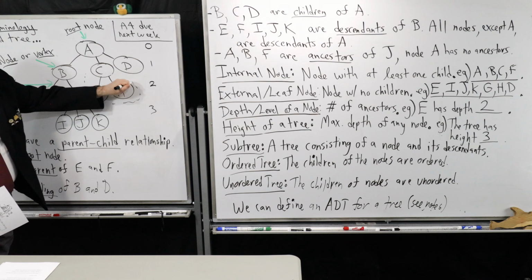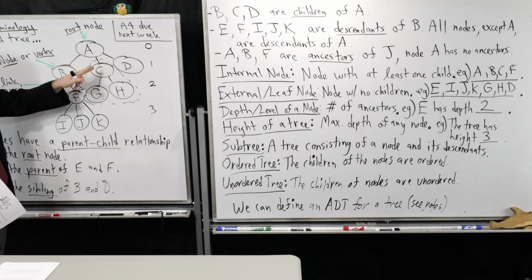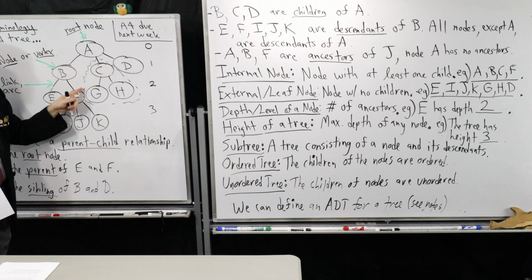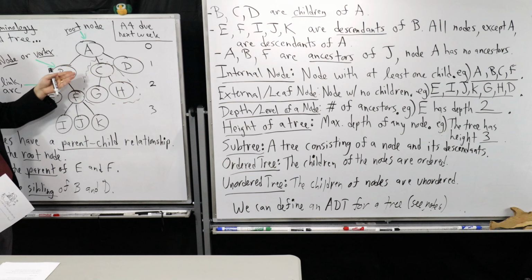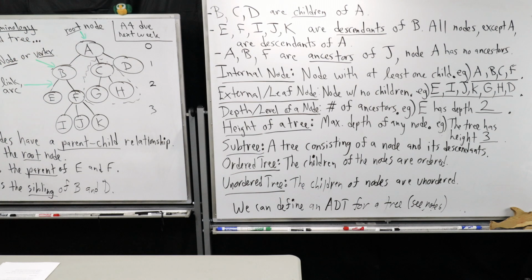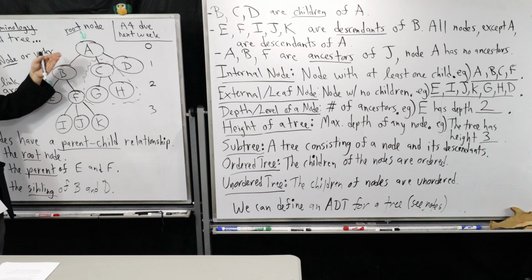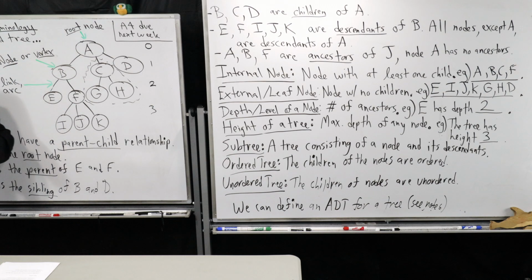So a subtree of C here would just simply be this tree, and that's referred to as a subtree because it's contained within this larger tree. Likewise, you can think of the tree itself as a subtree of A, for example. Or if I consider the node with B in it, well, all of this is a subtree rooted at node B.